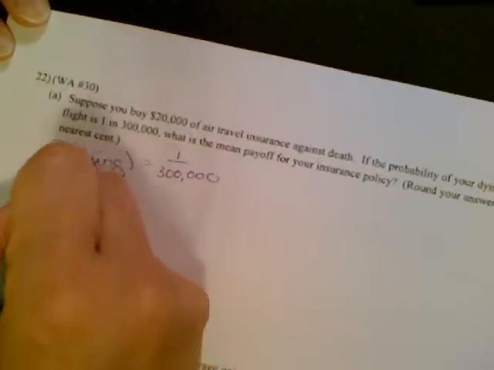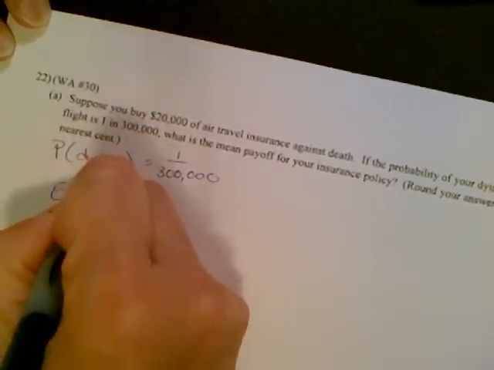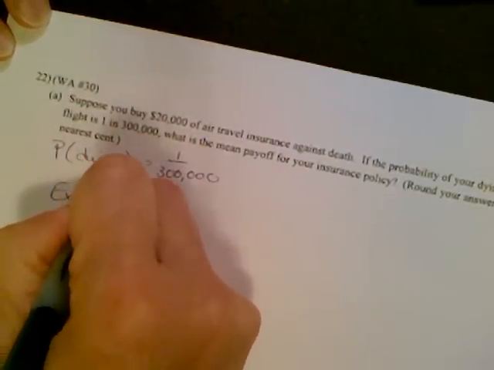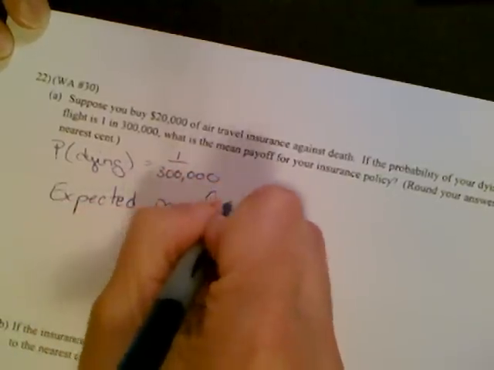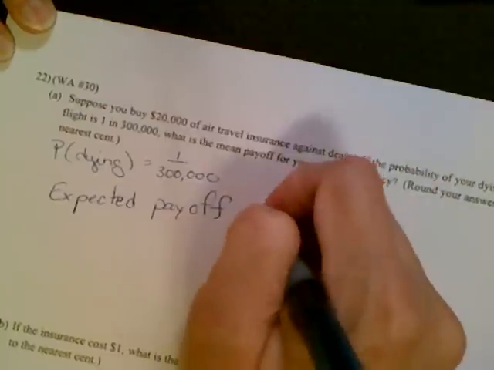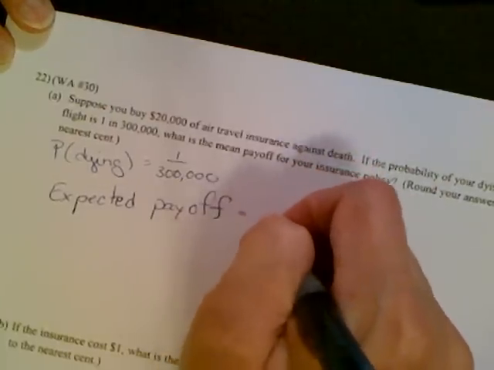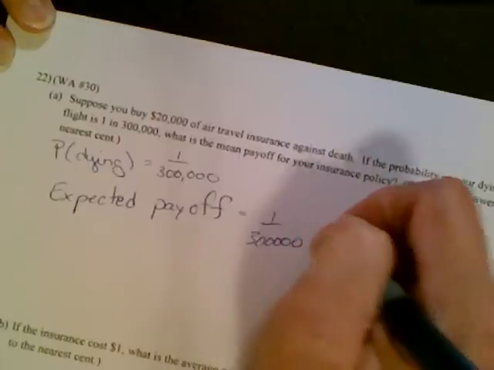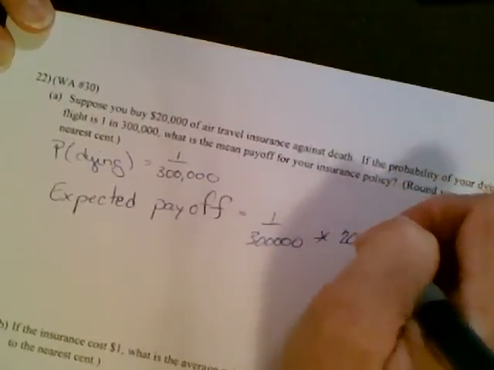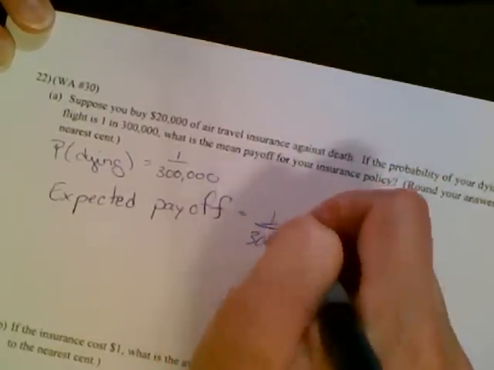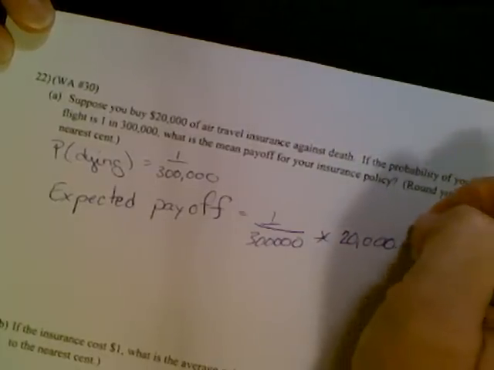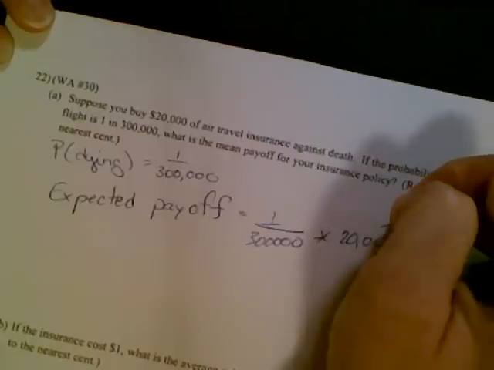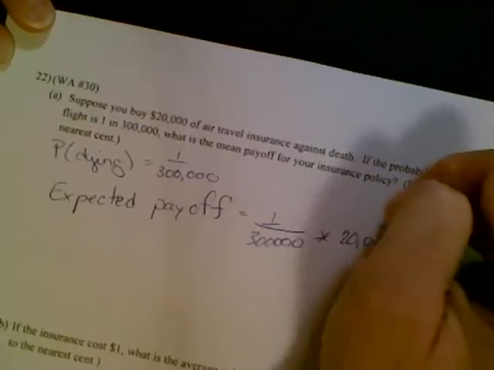My expected value, so my expected payoff, is going to be 1 over 300,000 times the $20,000 that I would get paid if I died, which is 0.07 dollars. You get the decimal in between, 0.066 repeating.